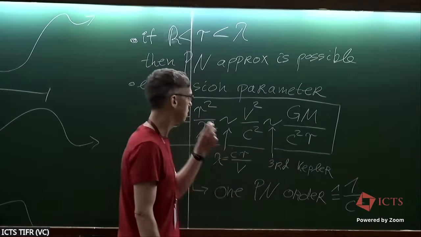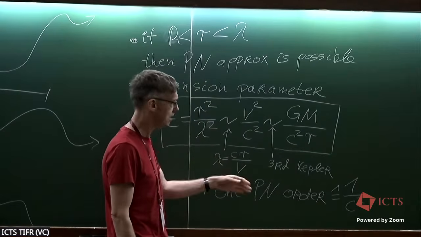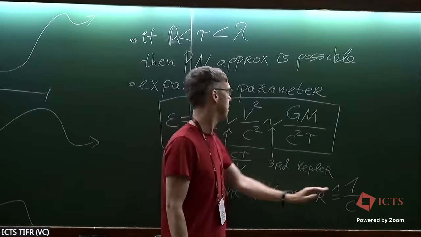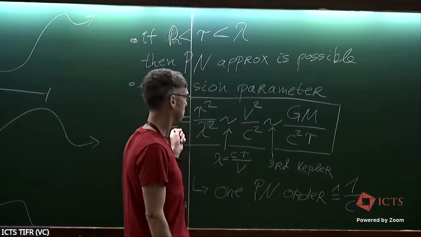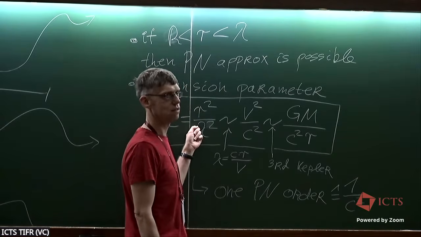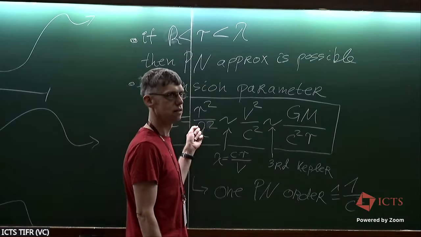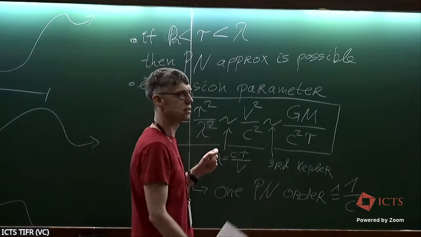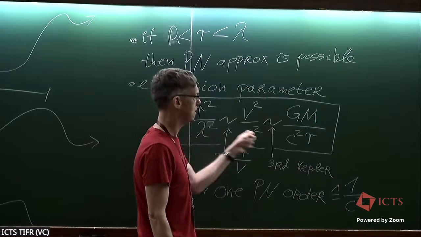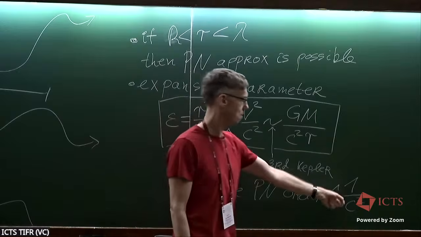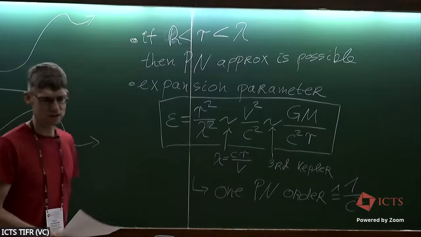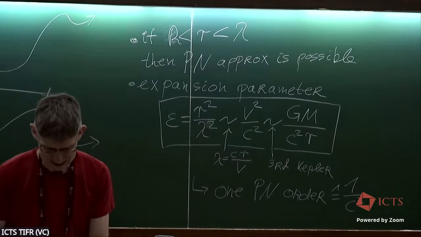So if you want to make your life a bit easier, you could just count factors of 1/speed of light. And this corresponds to the PN counting parameter. It doesn't quite work at the level of the gravitational wave propagation, so there one has to be a bit more careful. But as long as you look at the orbit, you can just count powers of 1/c. And that's also what we are going to do here.